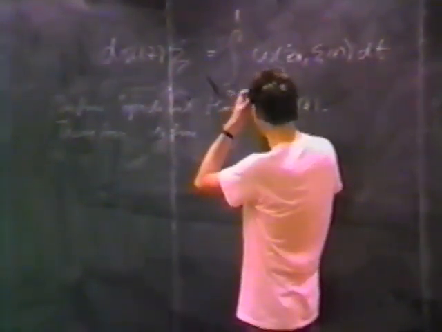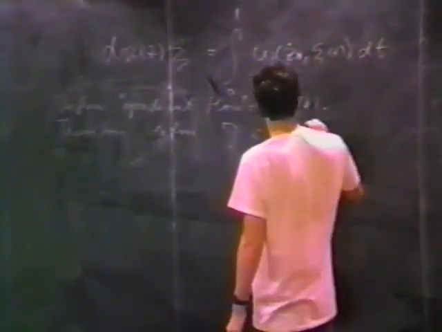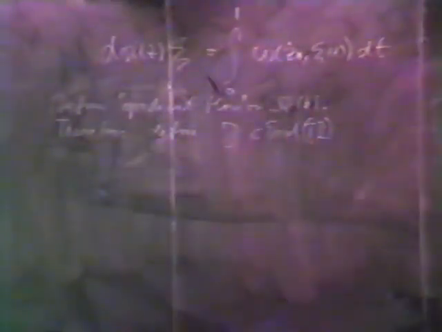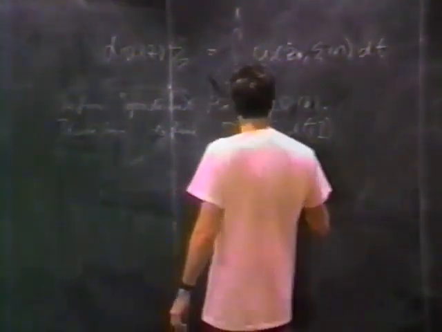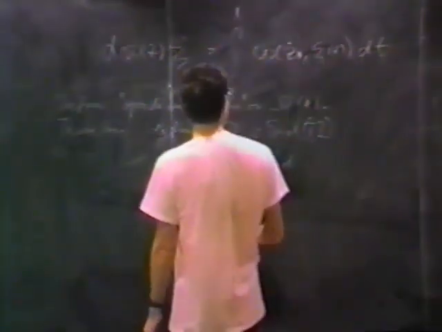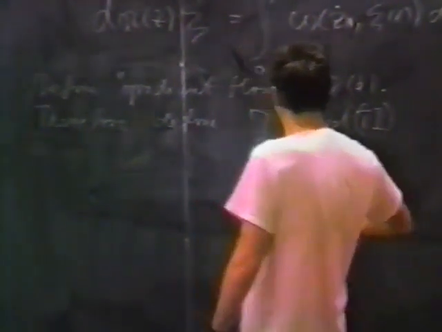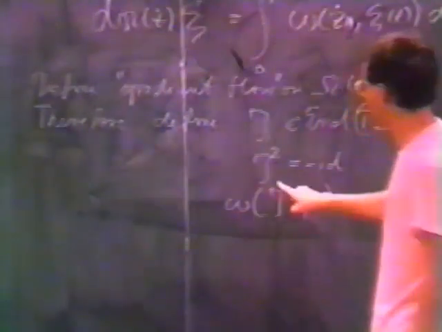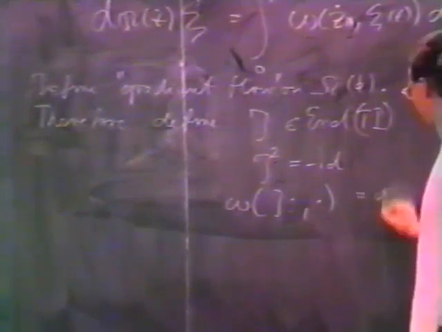Define an almost complex structure on P, which is just a morphism of TP such that J squared is minus the identity, and I will assume in addition that the bilinear form that you obtain in this way, omega of J dot, dot, is a metric.